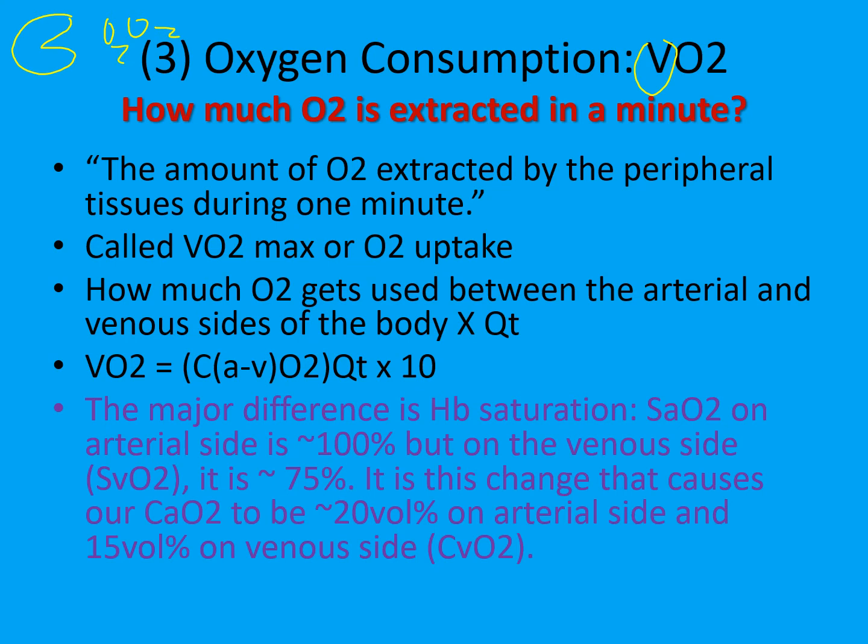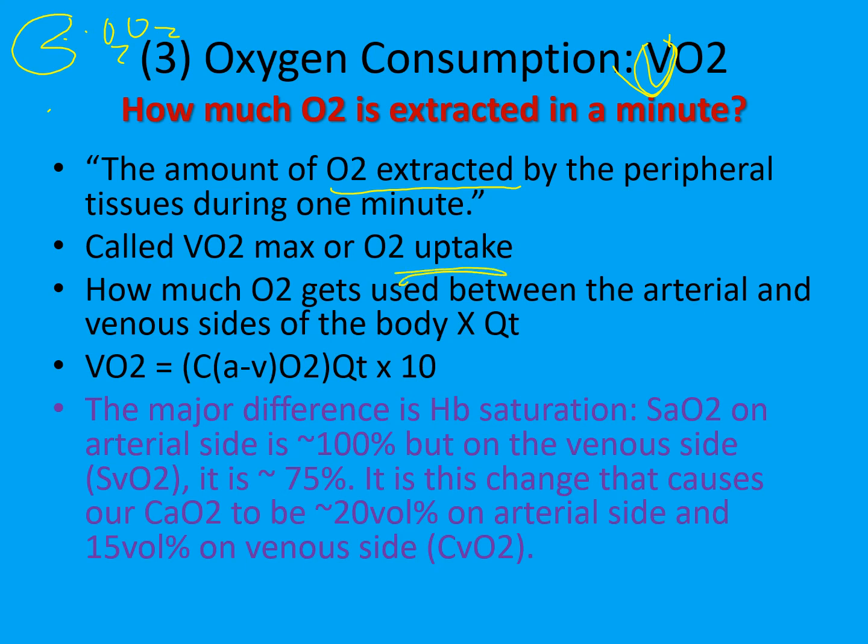I always think of Pac-Man or Miss Pac-Man eating oxygen. So that's where I see the VO2. I don't know why, that's just how my brain remembers it. And this is how much oxygen the tissues extract in 1 minute, or how much uptake they have, right?